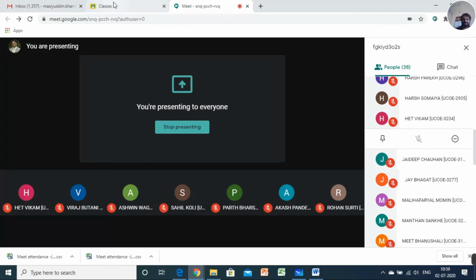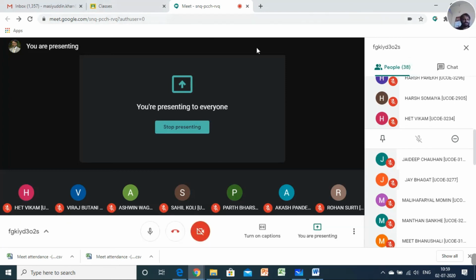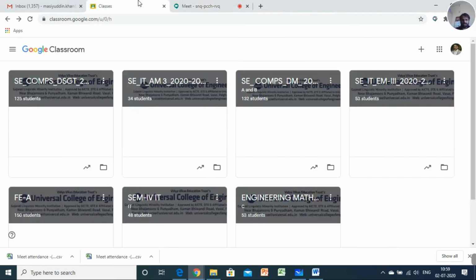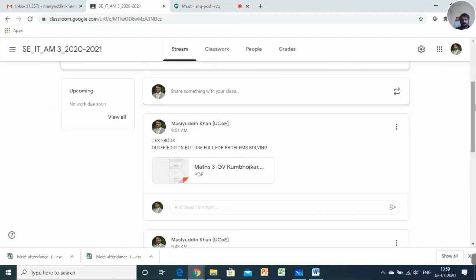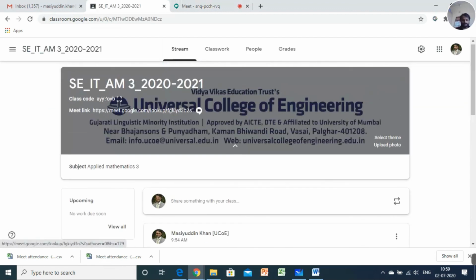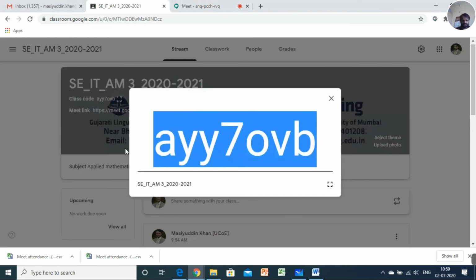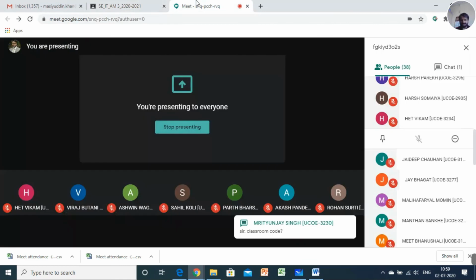I think the defaulter list is going to be released by today or tomorrow, so classroom codes. Okay, I will share the classroom code. This is our classroom code.